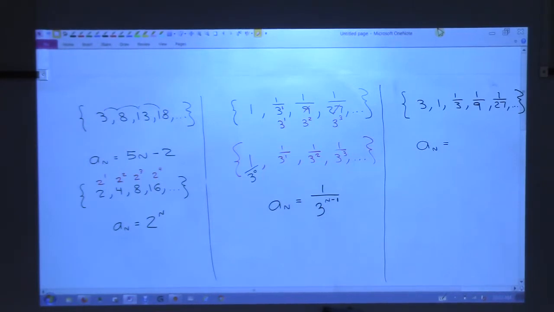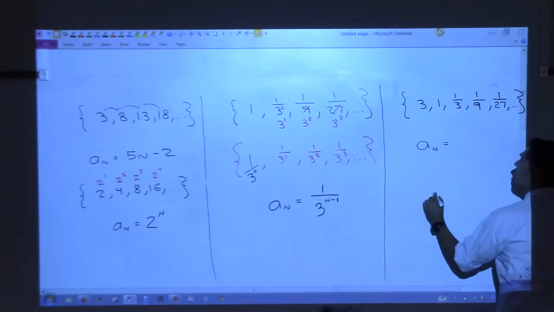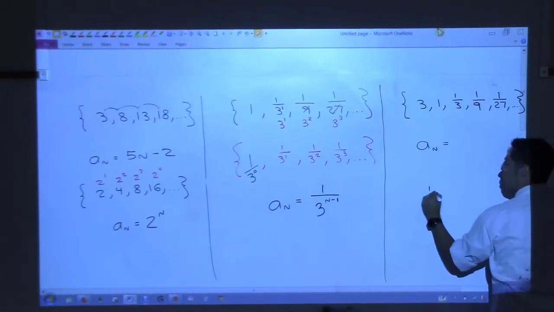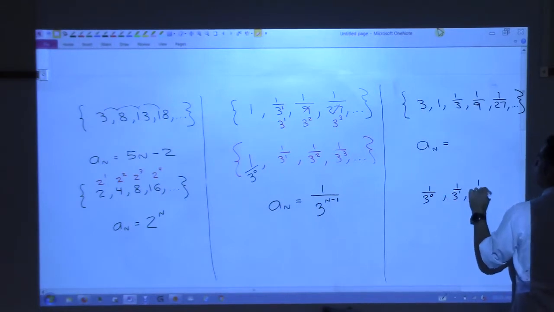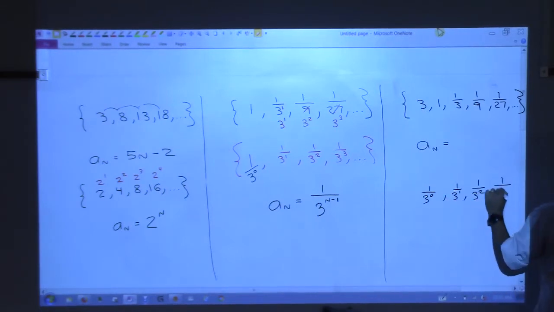Do you see the same pattern that we had in the previous problem? Do you see that that's 3 to the first, 3 squared, 3 cubed? So we still have that. And then this one over here is really 1 over 3 to the 0, right? This is 1 over 3 to the first, and then 1 over 3 squared, and then this is 1 over 3 cubed, yeah?